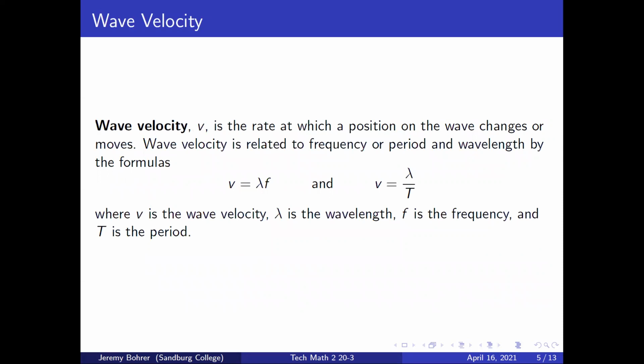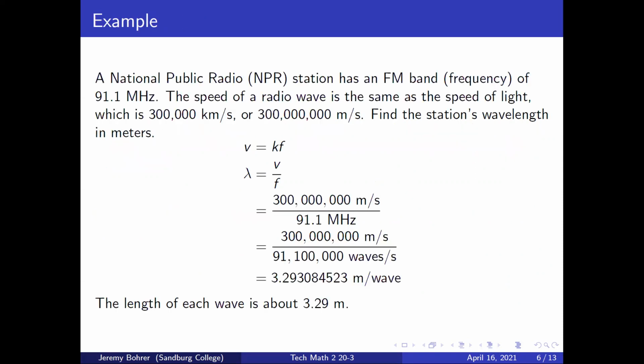Wave velocity v is the rate at which a position on the wave changes or moves. Wave velocity is related to frequency or period and wavelength by the formulas v equals lambda f and v equals lambda over T, where v is the wave velocity, lambda is the wavelength, f is the frequency, and T is the period.